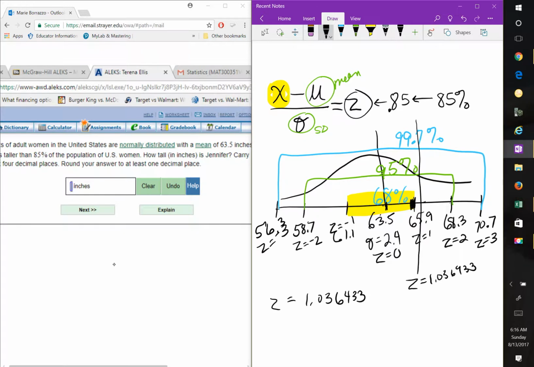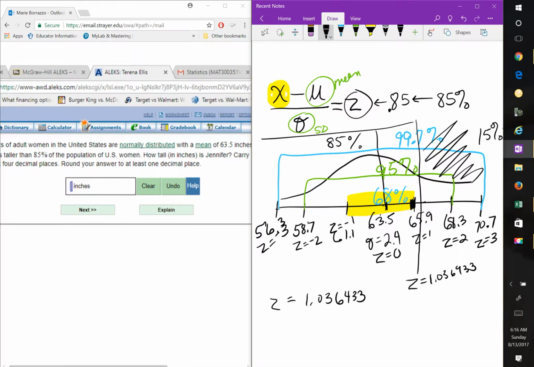The area that's sitting above this is 15%. The area that is behind this is 85%. So when you read a question like this is how you would interpret it.